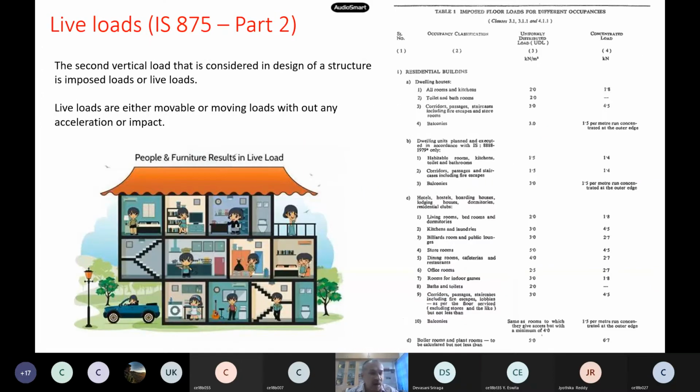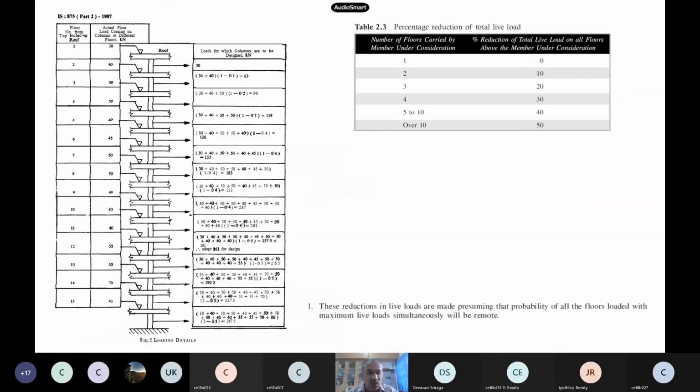Then imposed loads or live loads, that also we have seen. For a residential building, I showed you in the code how they have defined it. The most important thing was our code says you have to model the load as UDL and also as a concentrated load. Whichever is higher, you have to use it in the design. We also saw roofs and others.